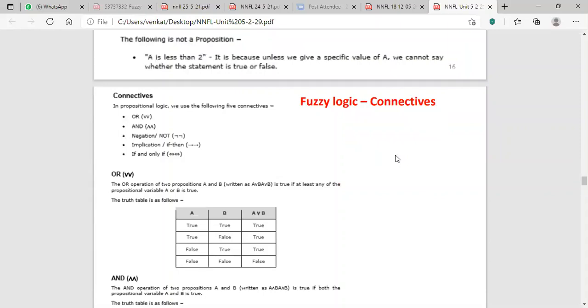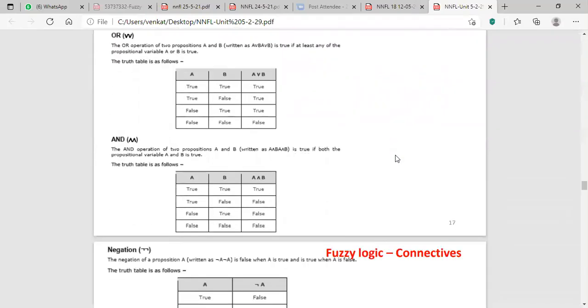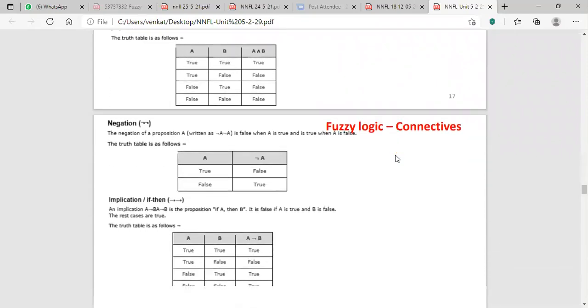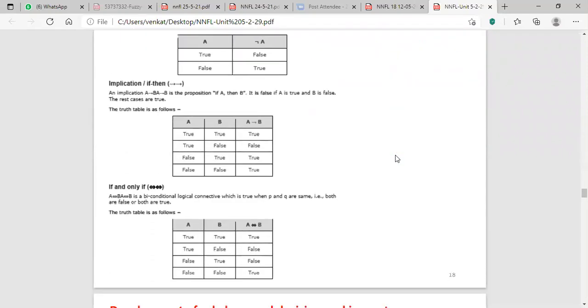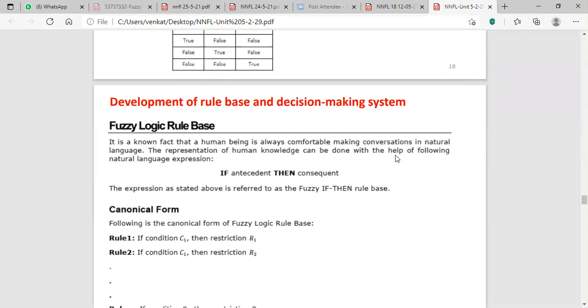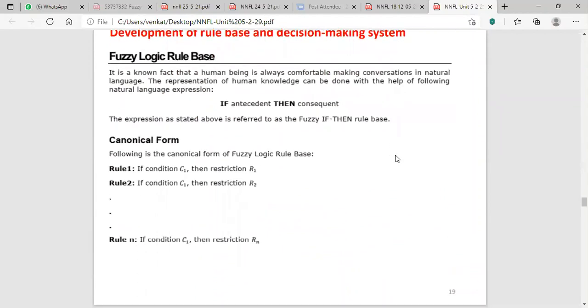The OR operator means you will consider the maximum of the membership function. The AND operator means the minimum of the membership function. Truth tables, we have already discussed: negation, implication, if and only if.